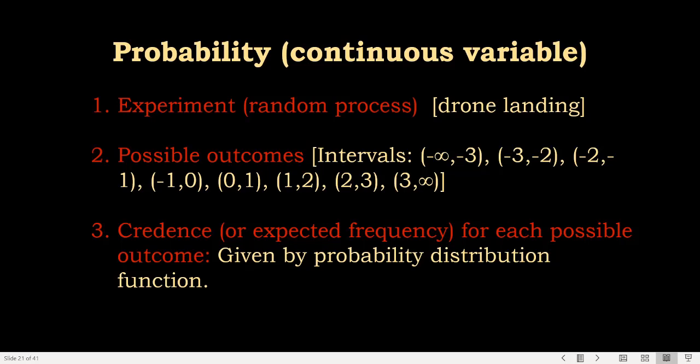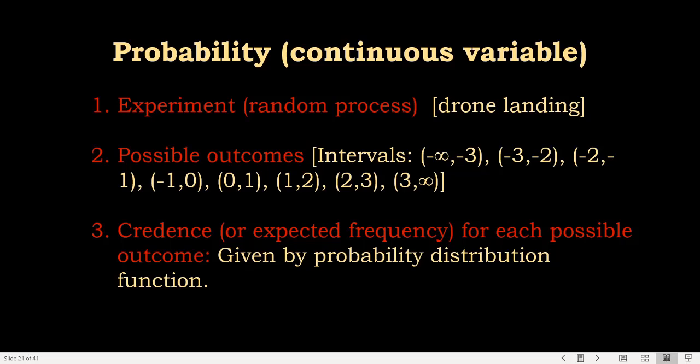The second element is the possible outcomes. In this case, each individual value is actually impossible to happen. Why? Because in a continuous variable, there is an infinite number of values between any two values.